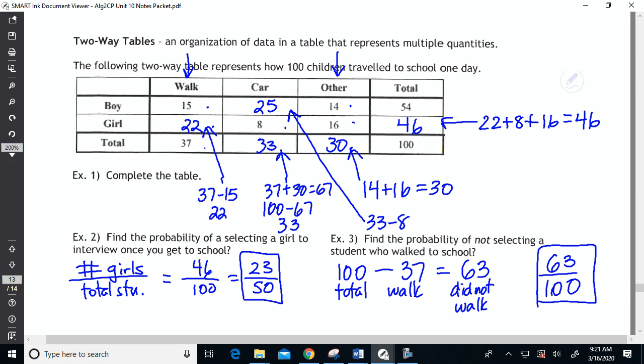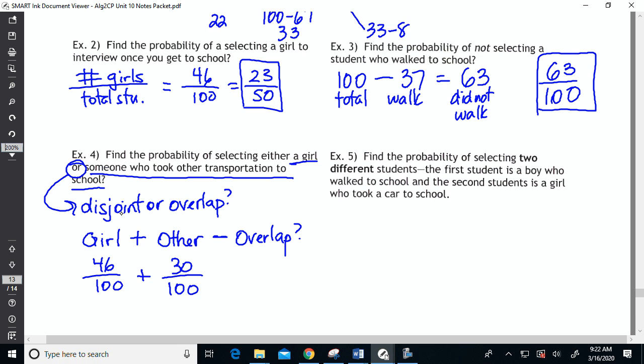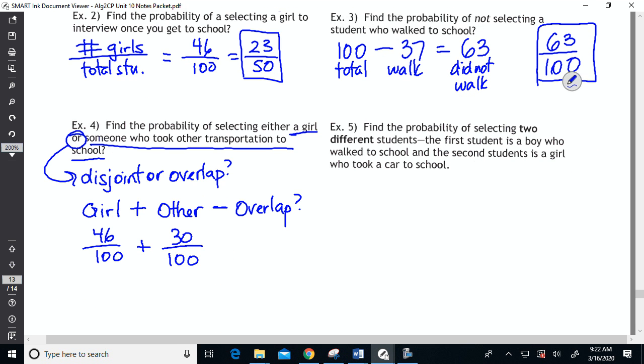If we look at our table, there's our total number of girls, there's our total number of other transportation, and there's the overlap: the number of girls who took other transportation. So 16 is the overlap. So minus 16 over 100. Perform the calculation and that gets you 60 over 100, 3/5.